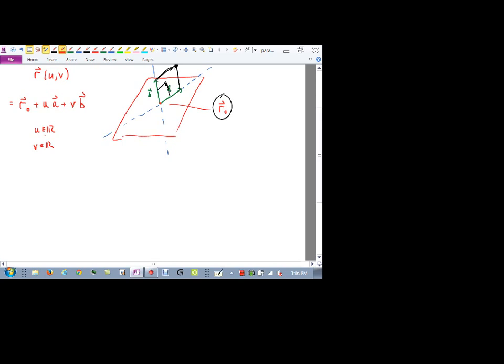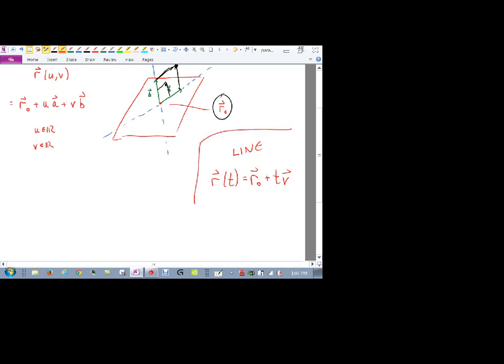Do y'all remember the couch potato formula I told you about for a line? The parametric equation, the vector equation of a line. What was our vector equation for a line? It was r naught plus t v, right? So this is what draws a line.